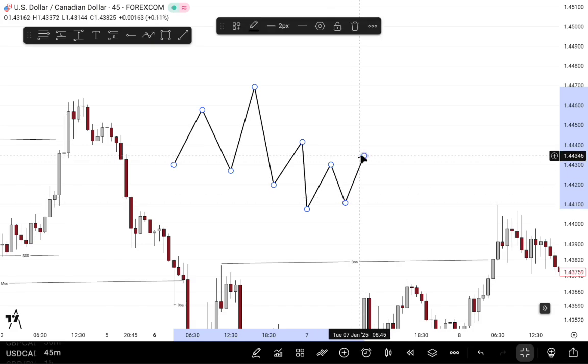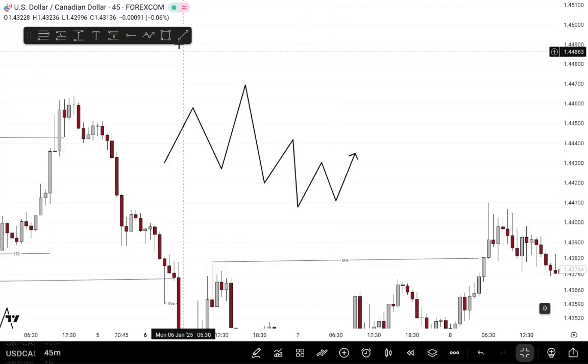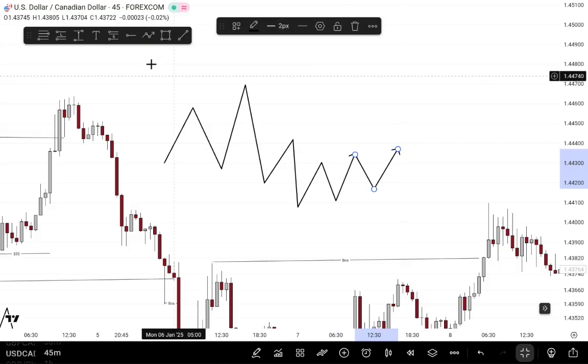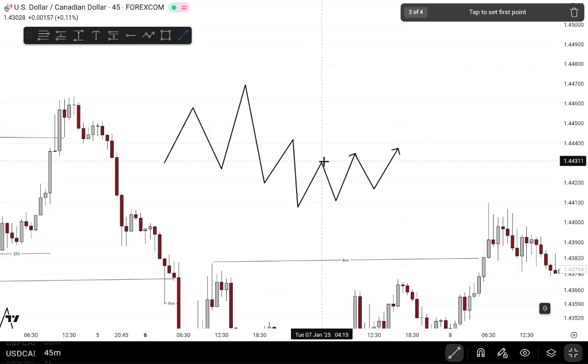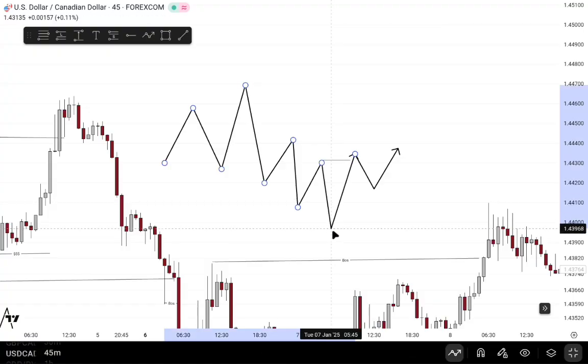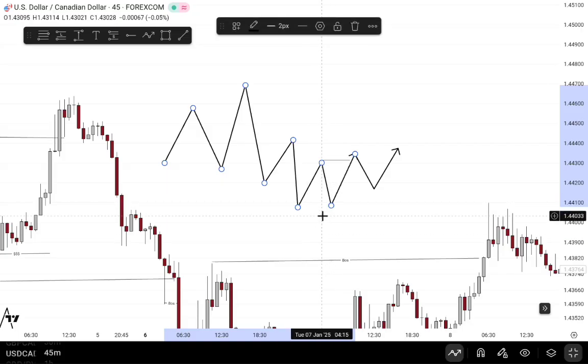Price taps a demand zone from there, right? And moves to the upside like this. So I'm not going to call this a break of structure. I'm not going to call this a market structure shift because price does not break structure to the downside. I'm going to call it a break because price does not break structure to the downside, alright?